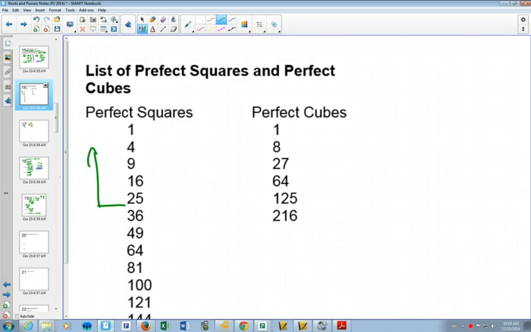Well, obviously it's not going to be 25, because 25 times 2 is already too much. 16 times 2 isn't 30. That's too much. 30 can't be divided by 9. 30 can't be divided by 4 to get a whole number. And so just checking those ones would tell you that it's already simplified.